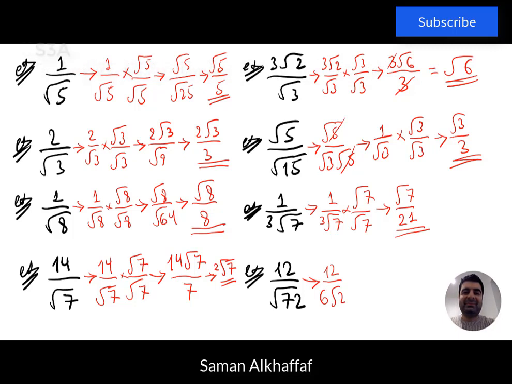Now we can use the conjugate of the denominator, which is root 2 over root 2. At the top we have 12 root 2. In the denominator the root 2's multiplied by each other will give us 2, and 6 multiplied by 2 gives us 12. So these 12's will disappear and we would have root 2 as the final answer.